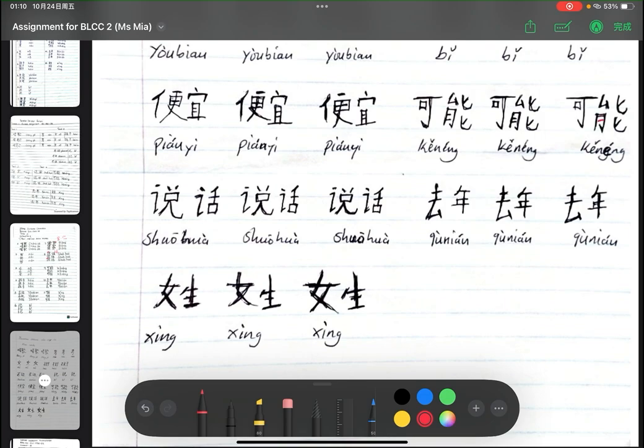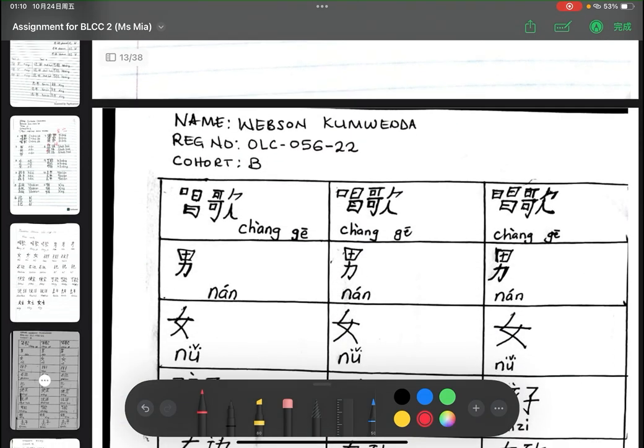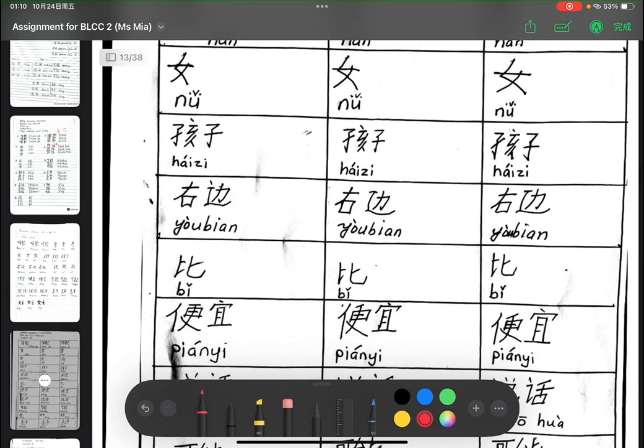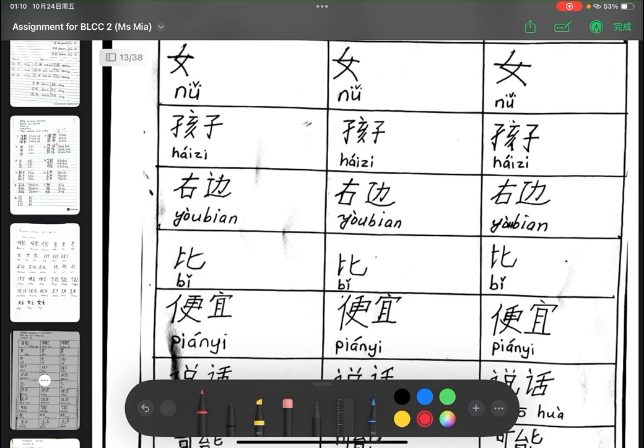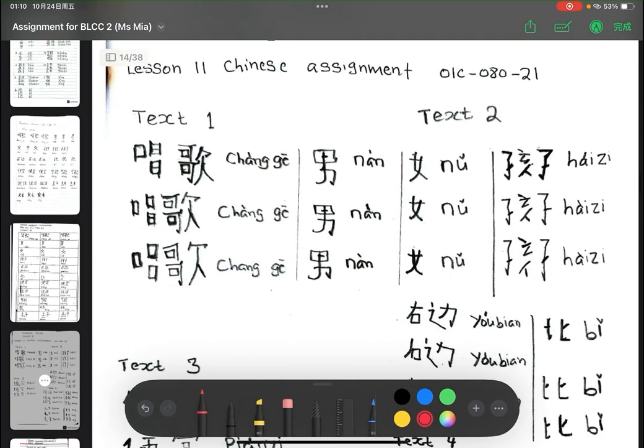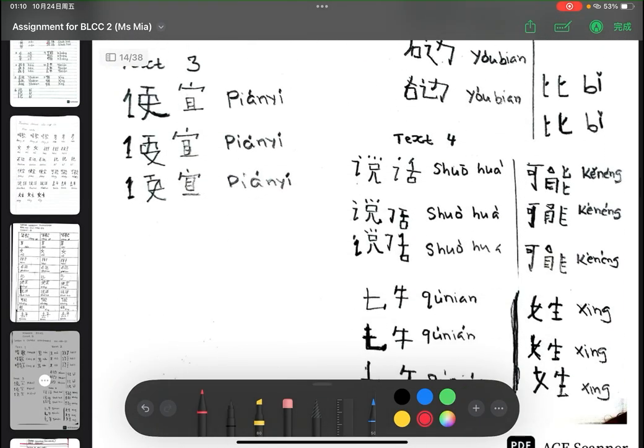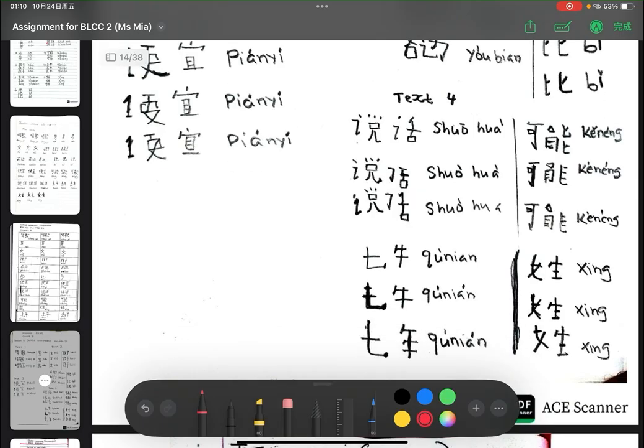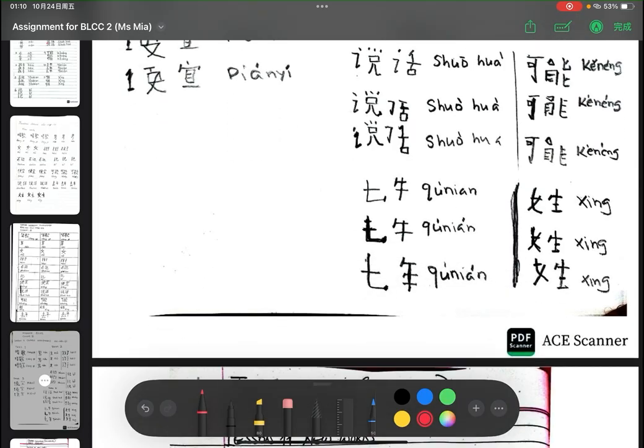Okay, you lost one stroke. Okay, here's a dot. Here's a dot. Okay, the 去, so it's wrong. It's not the 去. The 去 is right like this. Okay. 去.